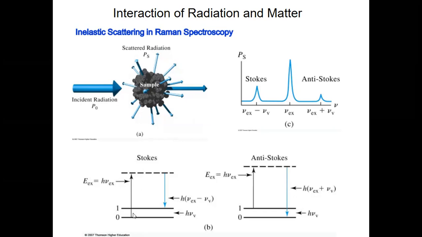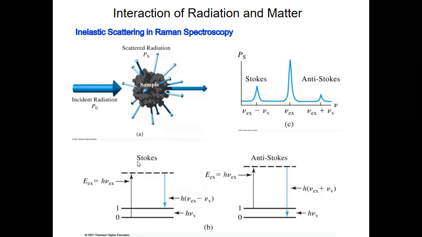But it will go to a virtual state, and then it comes back to the first vibrational level. When it comes to the first vibrational level, there's some vibrational level energy difference from the excitation. This type of energy difference is there.